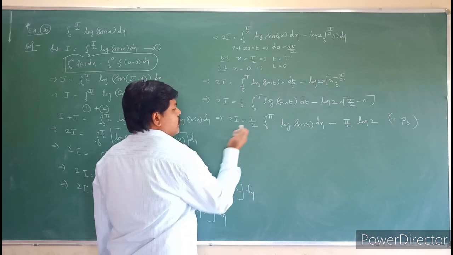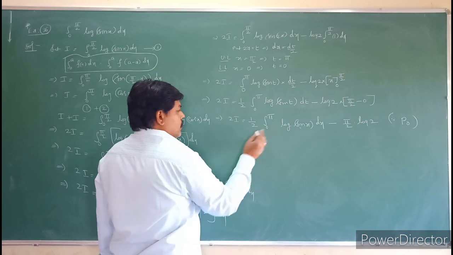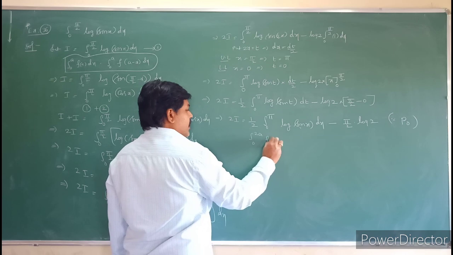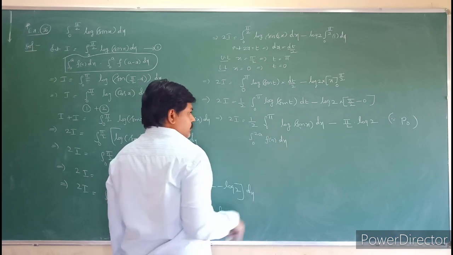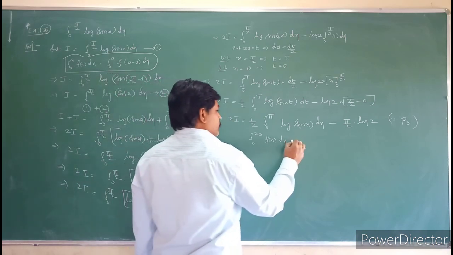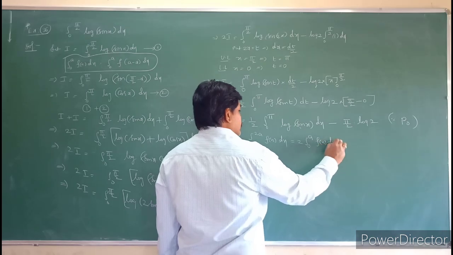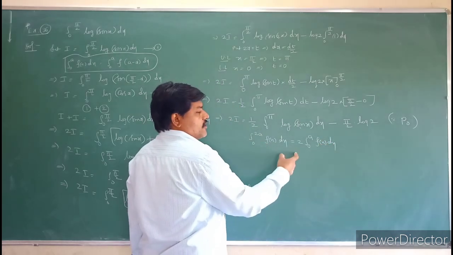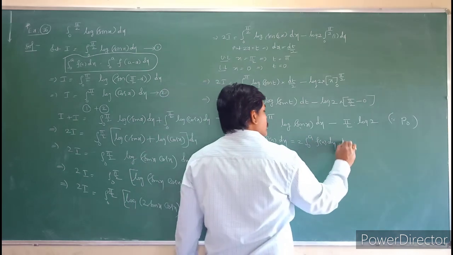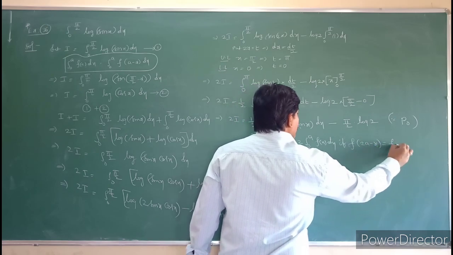So here, students, see that one. I know one formula. What is that? Integral 0 to 2a of f of x into dx you can write as 2 into integral 0 to a of f of x into dx, if f of 2a minus x is equal to f of x.